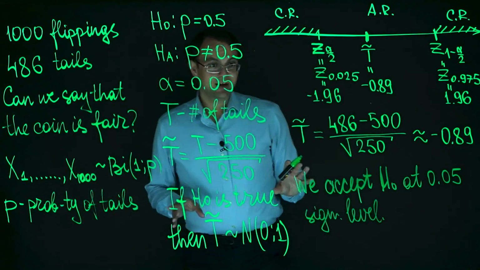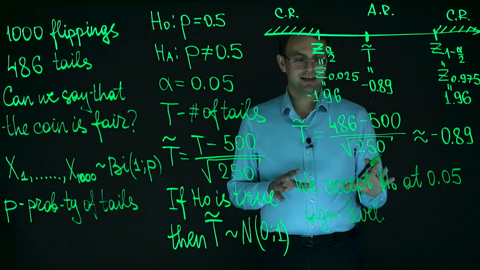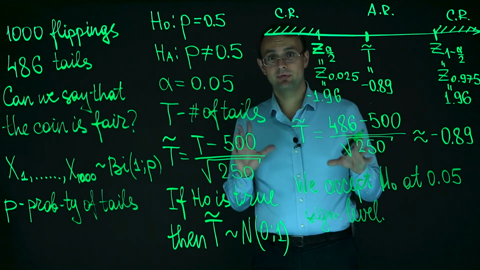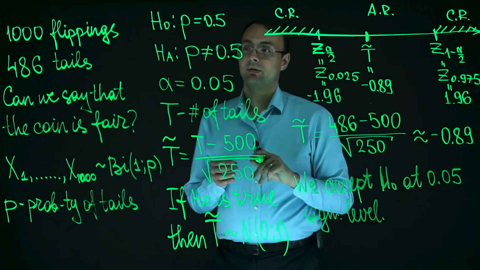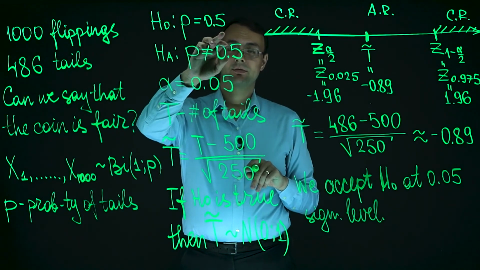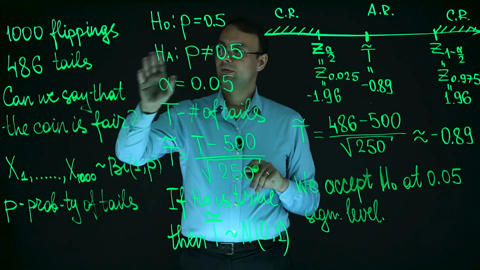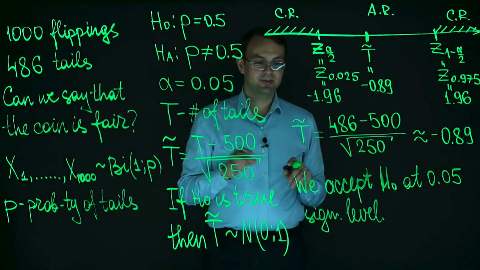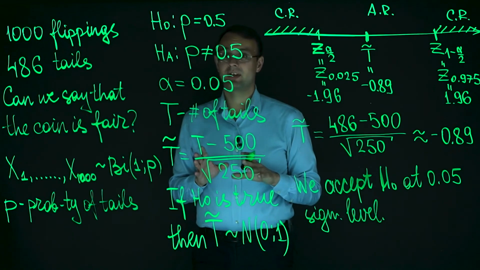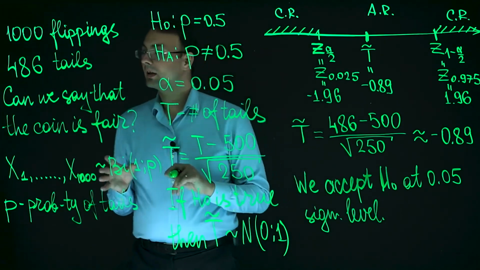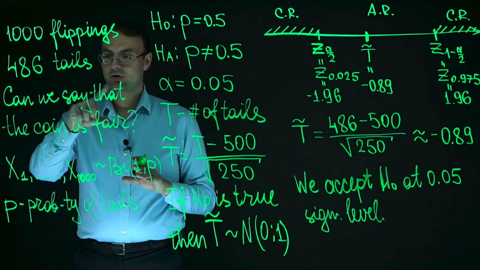Now we are to translate it back from the mathematical language to the human language. The null hypothesis is that P is equal to 1/2. P is the probability of getting tails. So in other words, the null hypothesis is the hypothesis that the coin is fair. How can we answer the question we were asked?